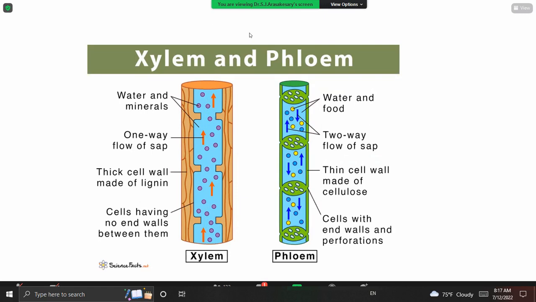Yes, excellent. Now see, xylem is one-way flow, phloem is two-way flow. When you are asked to compare xylem and phloem in translocation or ascent of sap, you have to draw this picture and clearly differentiate them.